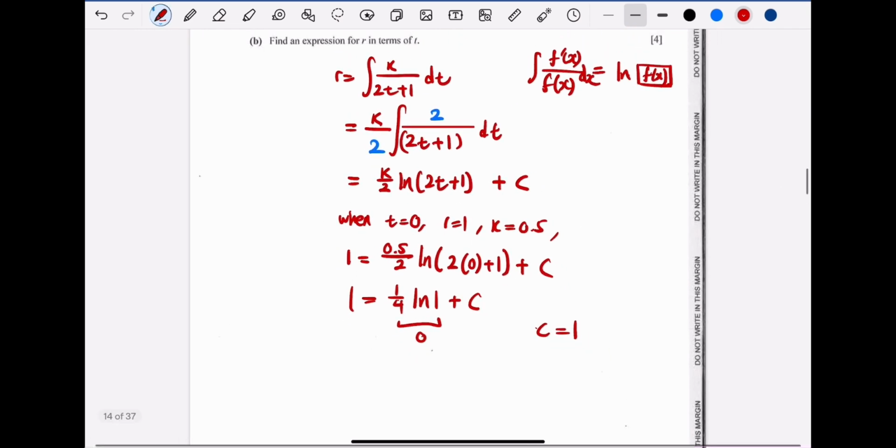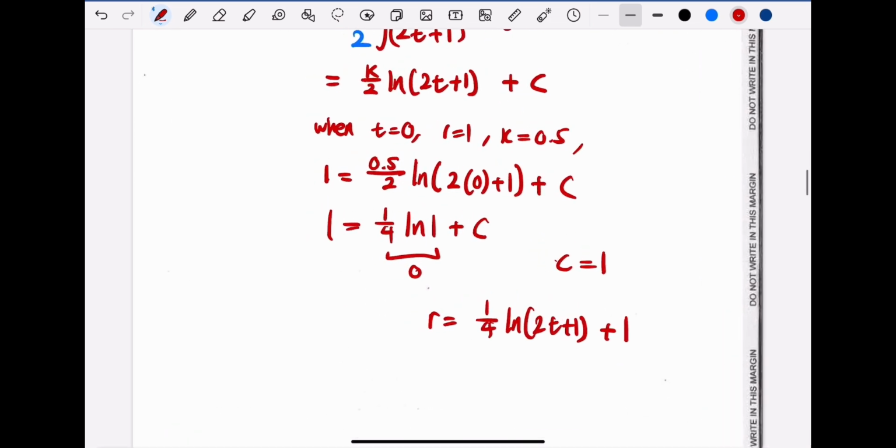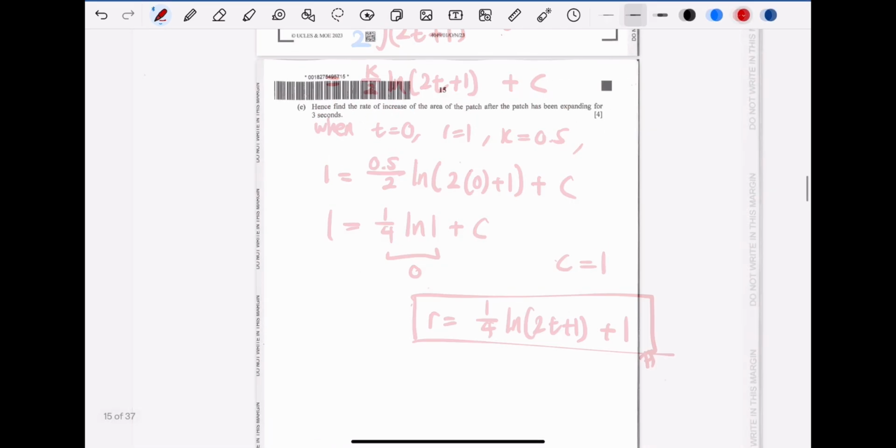Once you have c equal to 1, we're going to rewrite our r expression. r would be equal to, sub in this value of k, 0.5 over 2, this just becomes 1/4 ln(2t plus 1) plus 1. Okay, so this is how you get the expression of your radius in terms of t.